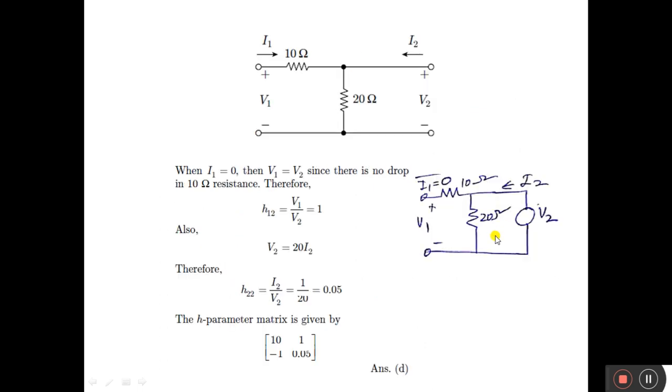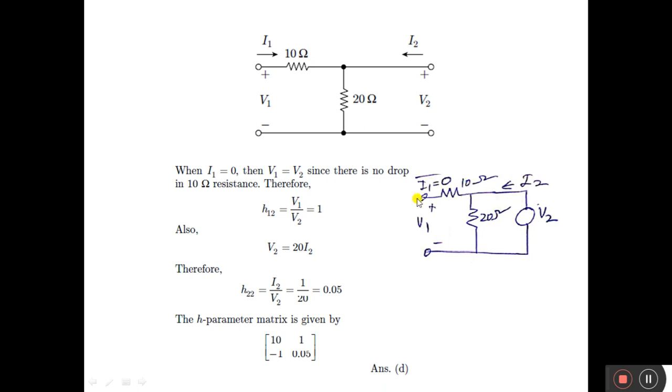And in the second case, when you make I1 equal to 0, apply voltage at the second port. Whenever I1 equal to 0, there is no drop in the 10 ohm resistor. Therefore V2 and V1 are directly applied across this 20 ohm, so V1 equal to V2. So H12, V1 by V2, becomes 1.